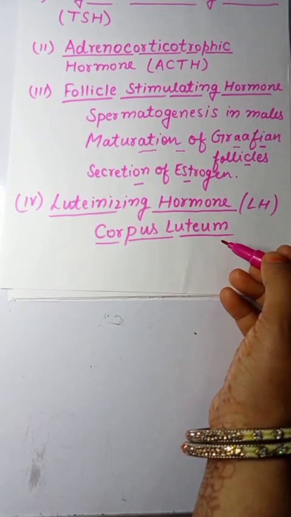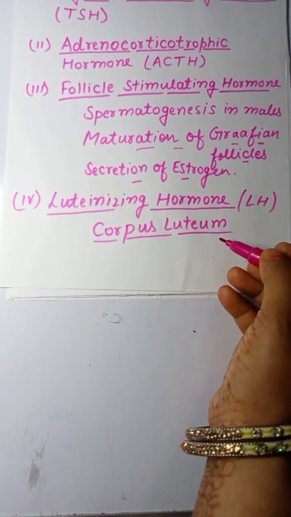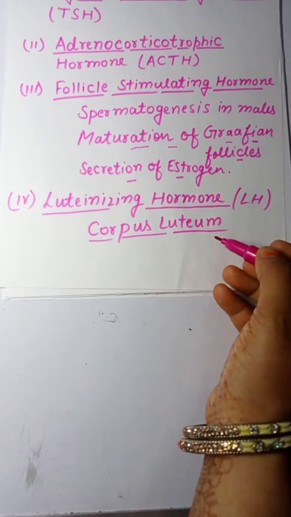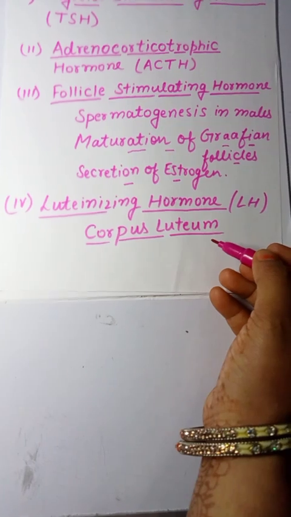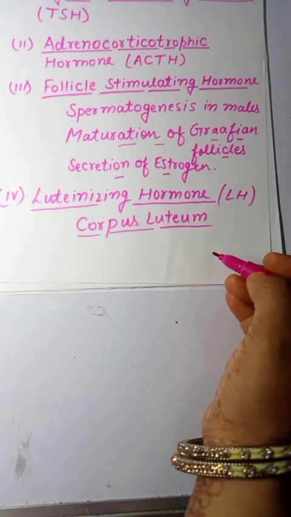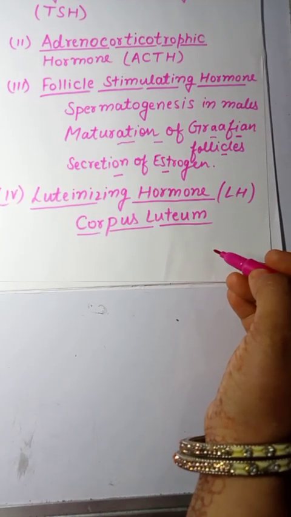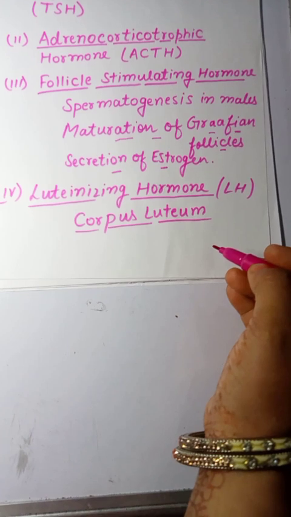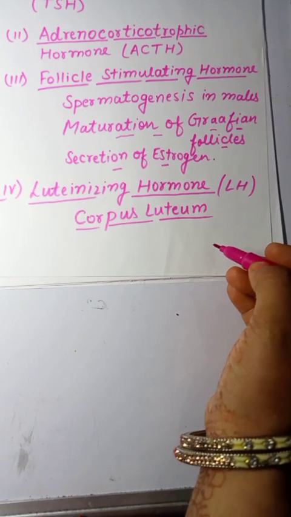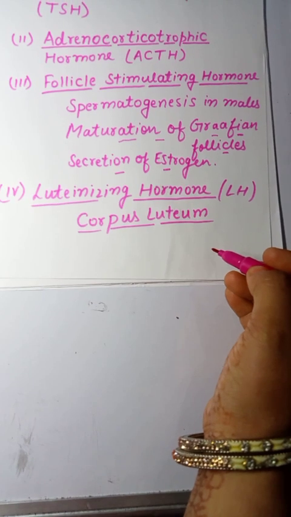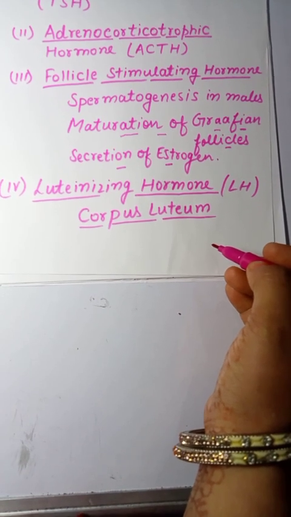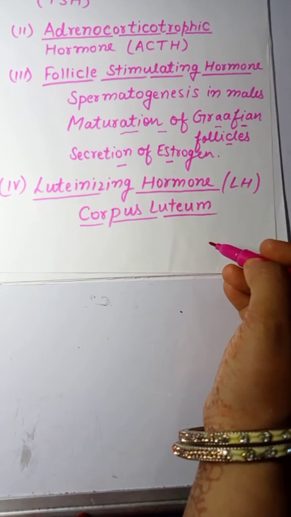This corpus luteum is acting like an endocrine gland and helpful in the release of hormone, which is known as progesterone. In the case of males, this hormone is responsible for the stimulation of Leydig cells, which later on will release one hormone known as testosterone, and testosterone is helpful in the formation of secondary sexual characters in case of males.